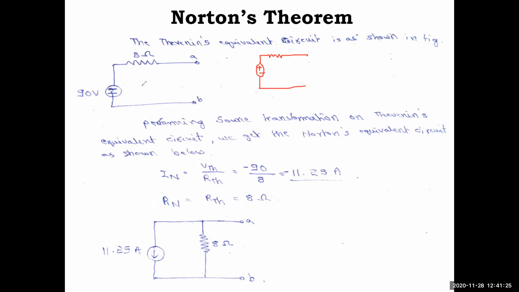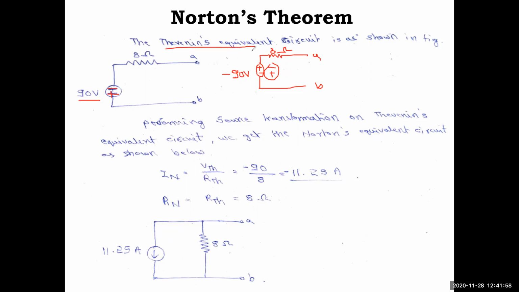Now because of the minus value, if you want to write plus 90 volt outside here, then you have to just change the polarity. What I have done is minus plus. So don't get confused by this minus part and this plus part. If you want to write the same way, plus minus, you can, no issues. Outside you write minus 90 volt, that is also no issue. And this is the 8 ohm resistance. These are the terminals AB. So this is the Thevenin equivalent circuit, the first part.